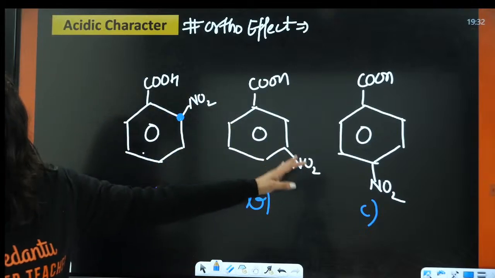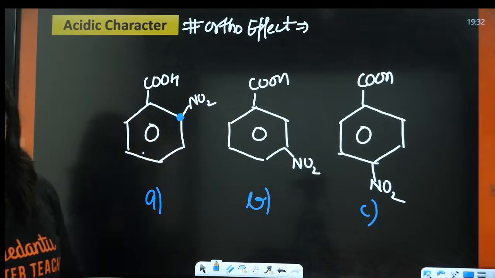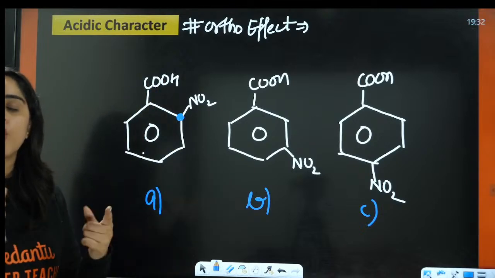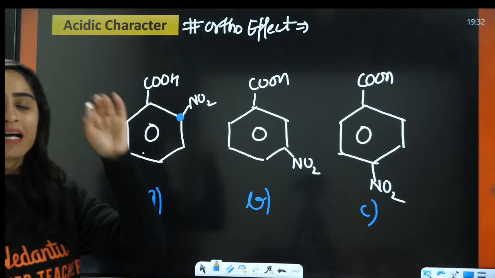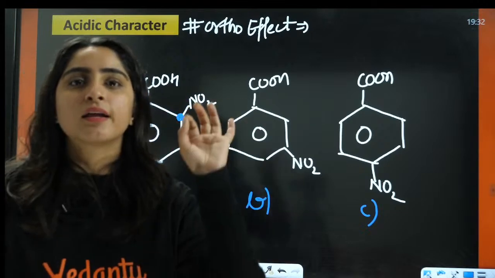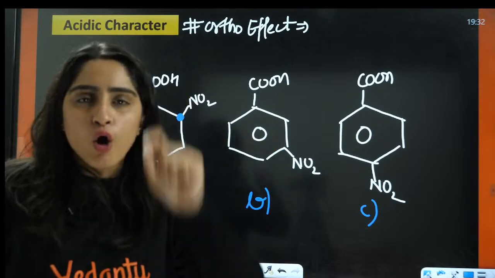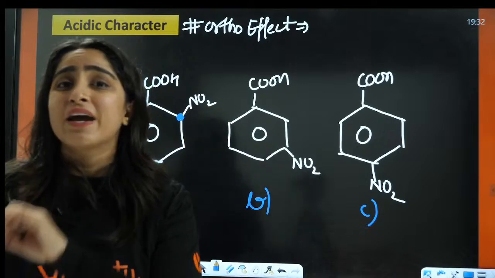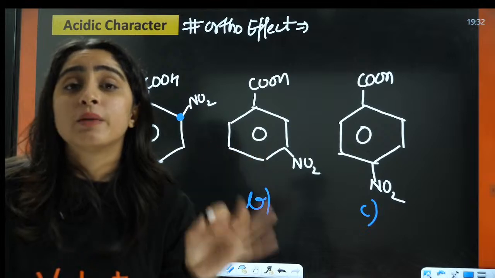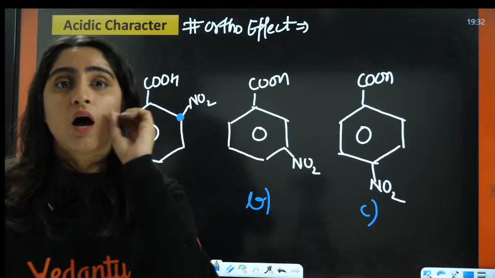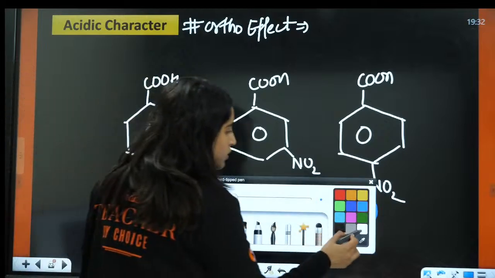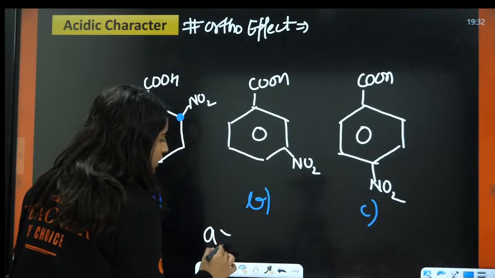We're talking about A, B, C. A is the most stable here. Why? Because of the ortho effect. In case of benzoic acid, at the ortho position, whatever the group, whether it shows minus I effect or plus I effect, it will be the most acidic among all. So A is the most acidic.